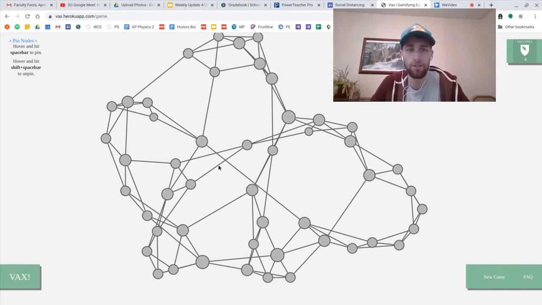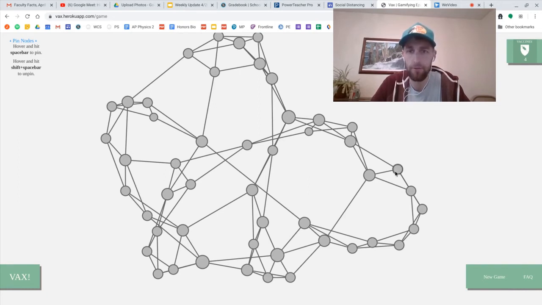Some of them are bigger, some of them are smaller. The bigger a circle is, the more connections there are to it. So this one right here looks like it's got 6 different connections. So 6 other people that this person comes into contact with. Whereas if you look at a smaller one, let's see.